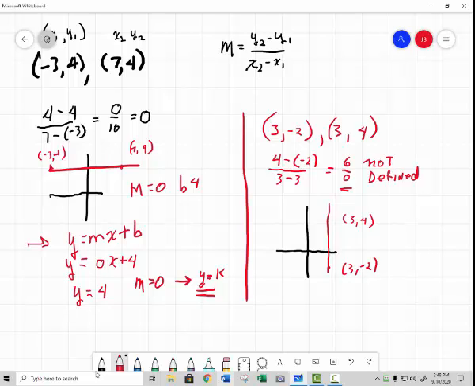There's no slope that I can put in. So what I have to just remember is a vertical line is of the form x equals some number. In this case, x equals 3. Okay? This is a vertical line, and this one over here is a horizontal line. Those are simply two that you have to remember.